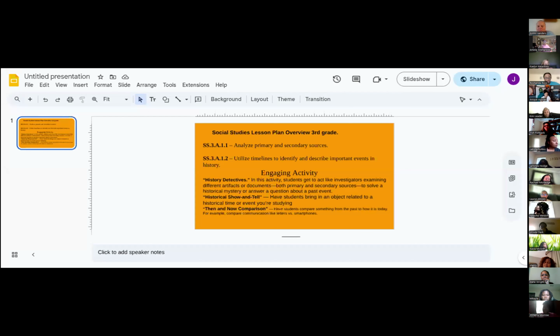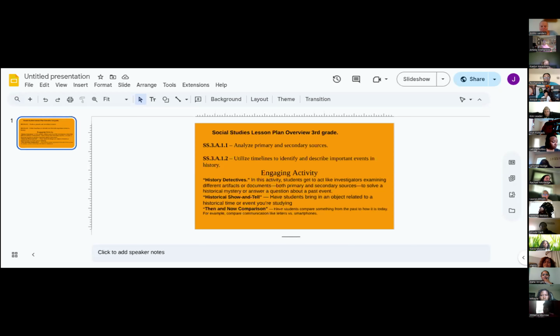My first engagement activity is a history detective, where students will go around the classroom, and if they find history facts, they're going to gather them all together.